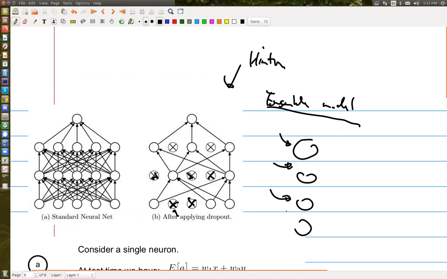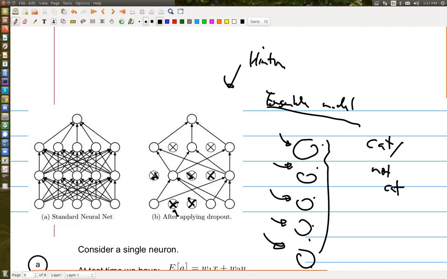For example, with a simple problem like classifying cat versus not cat, I can utilize these multiple models to make a decision by majority vote. If I have 5 models and 3 out of 5 say this is a cat, then I say it's a cat. Otherwise, I say it's not a cat. Typically, an ensemble of models gives you a little gain compared with independent models.